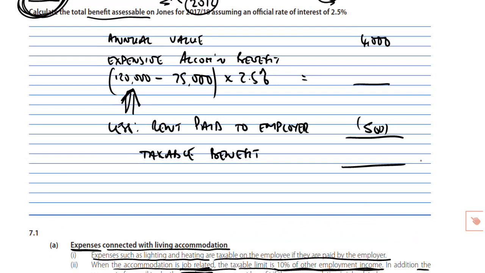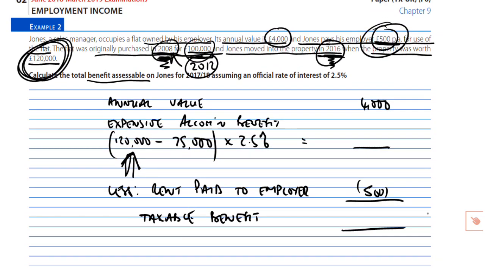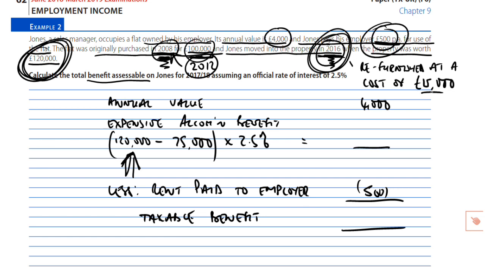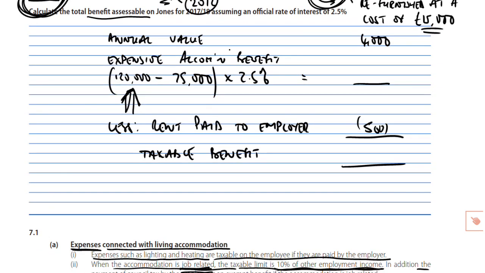So up here, if we had been told that when our hero moved into the property in 2016, that it was refurnished at a cost of £15,000, then in working this assessable benefit here, you would be further adding in 15,000 times 20%, and that would be another £3,000 to go in there.